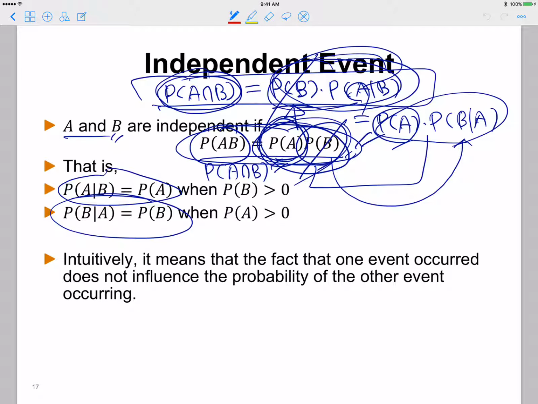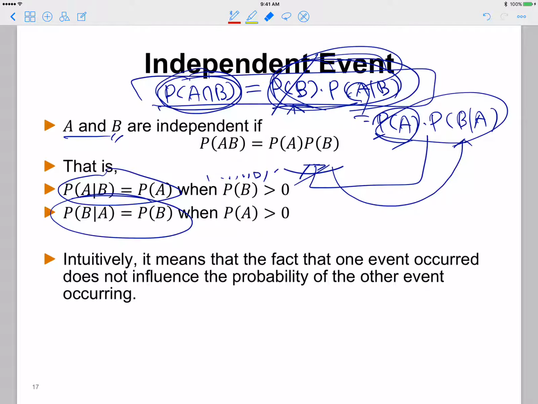And then in this slide, if the two events are independent, then we have to satisfy this equation.